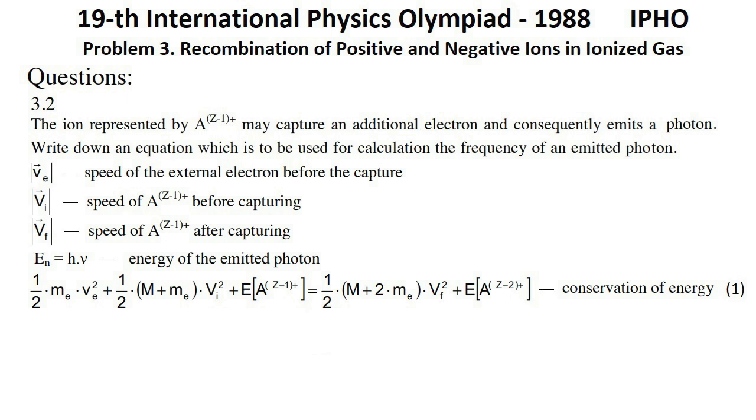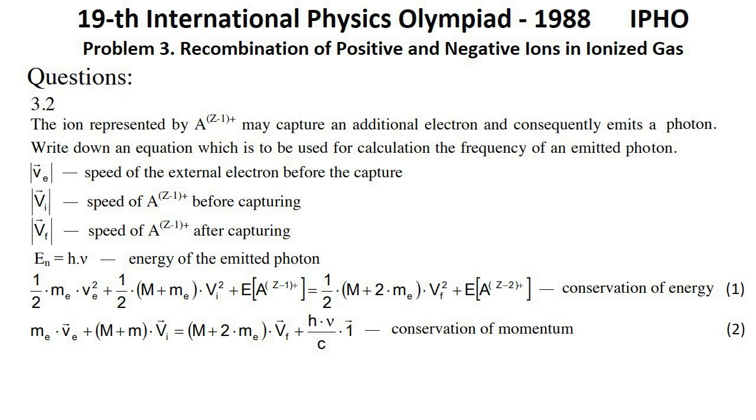Here E_A^(Z-1)+ and E_A^(Z-2)+ denote the energy of the electron in the outermost shell of the ions A^(Z-1)+ and A^(Z-2)+ respectively. The law of conservation of momentum gives equation 2. Here the vector 1 is the unit vector indicating the direction of motion of the emitted photon. Thus, the equation that will be used to calculate the frequency of the emitted photon is given by formula 2. This was the solution to question 2.